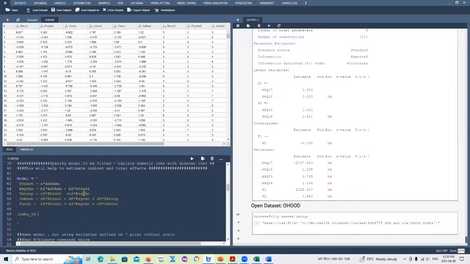And which is the middle variable? Psychological empowerment. Okay, do I have authentic here? Yeah, you have it in the first line. Yes, so authentic is this one.